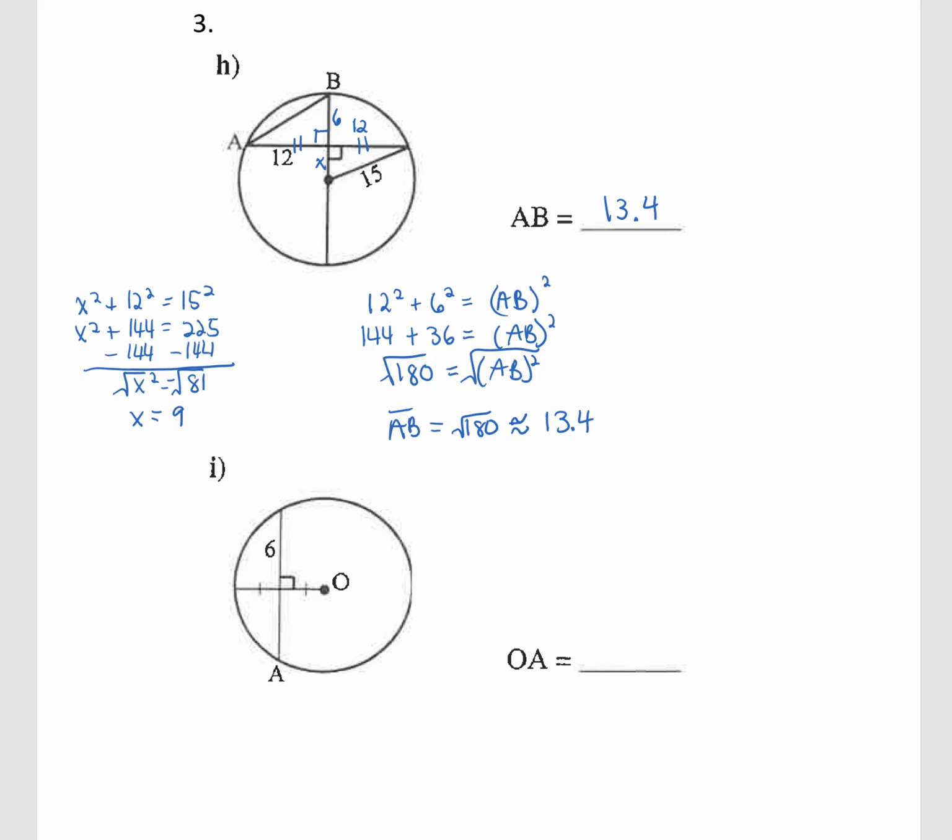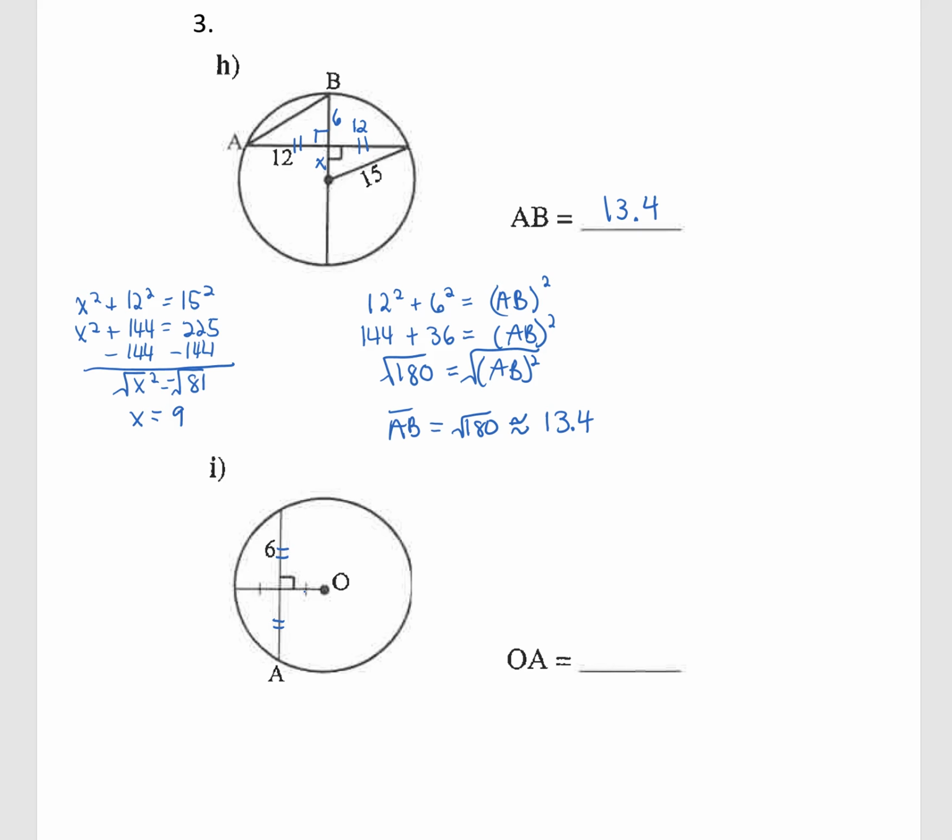In part I, we have a similar situation where we have this line, and it's perpendicular to this line that goes to the center of the circle. So again, we are bisecting this line, and these two lengths are equal to each other. But we've also been told that these two lengths are equal to each other.